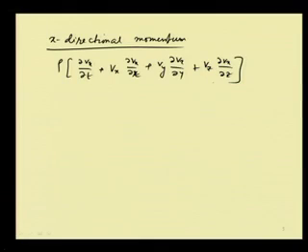Because the flow is taking place along the x direction, if we do the x directional momentum balance, then we will write rho into del Vx by del t plus Vx into del Vx by del x plus Vy into del Vx by del y plus Vz into del Vx by del z.